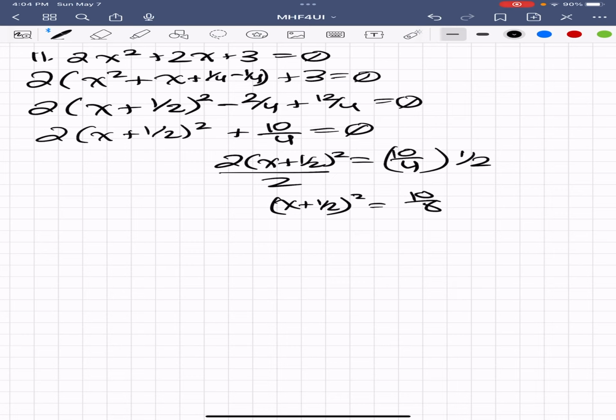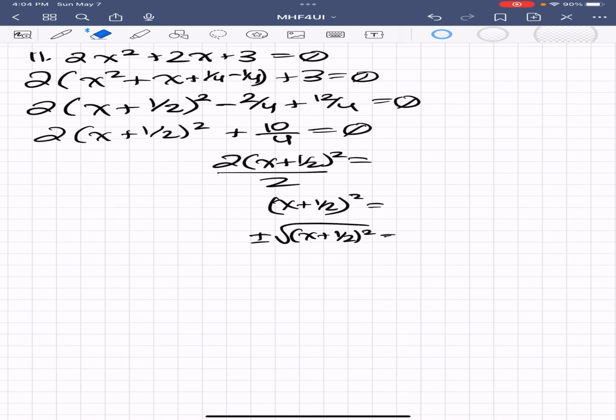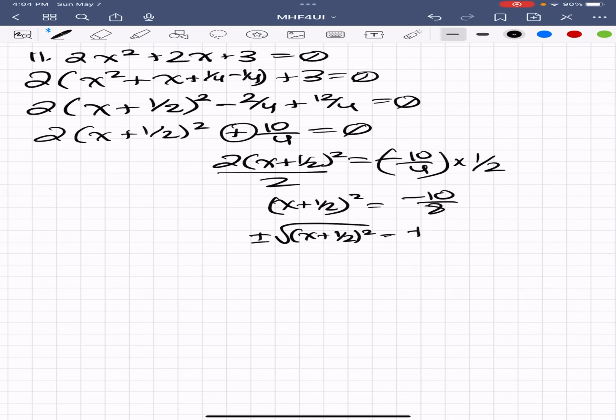Ten over 8. Oh, I'm really sorry. I forgot, when removing this term, thank God I caught my mistake, it's negative 10 over 4 times half, negative 10 over 8, minus.